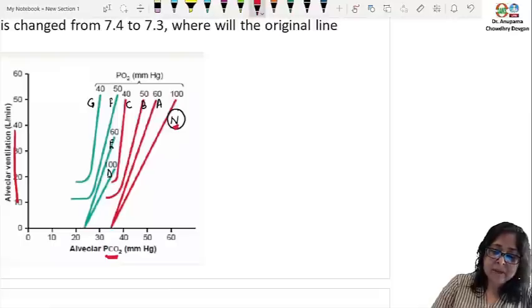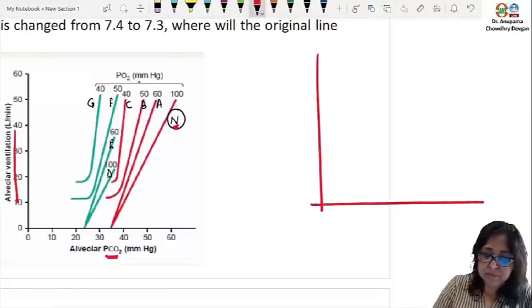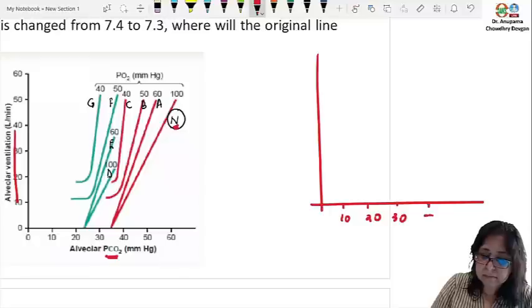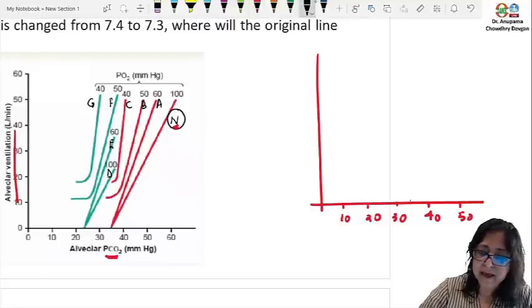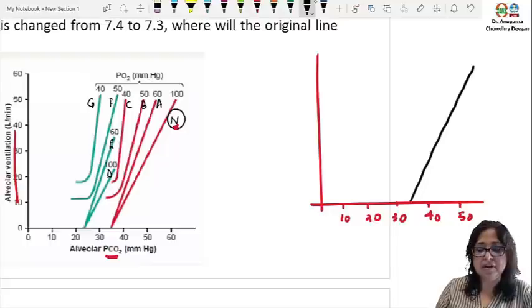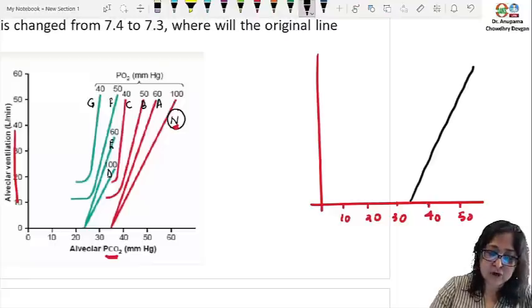The more the CO2 levels, the more will be the alveolar ventilation. It's like a linear response. With increase in CO2, there is going to be increase in the alveolar ventilation.